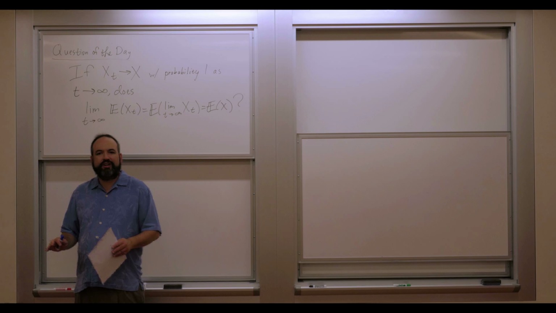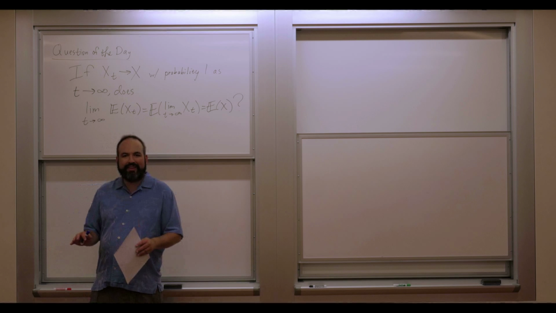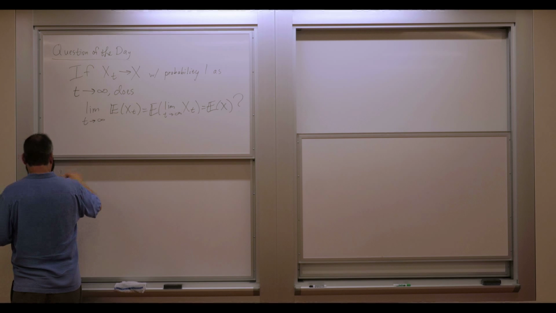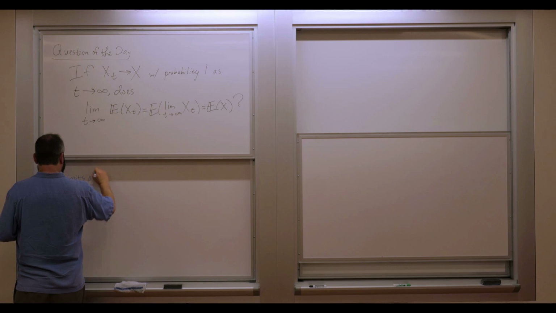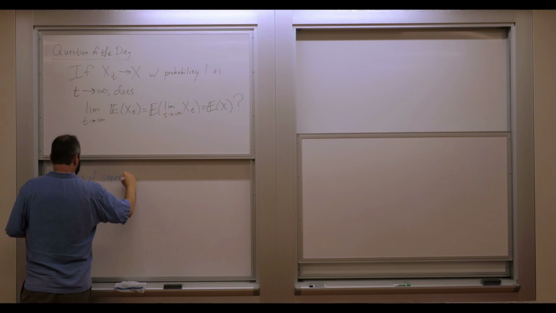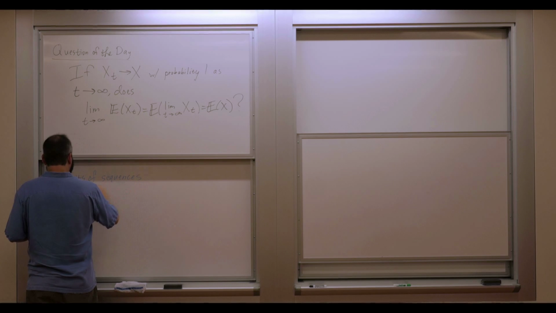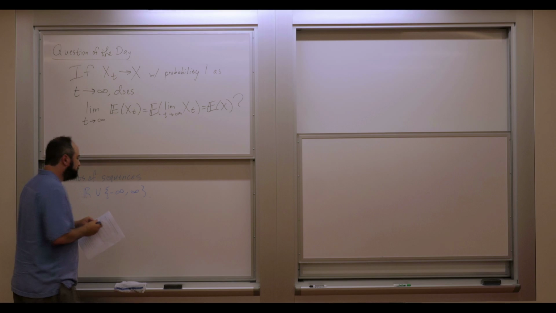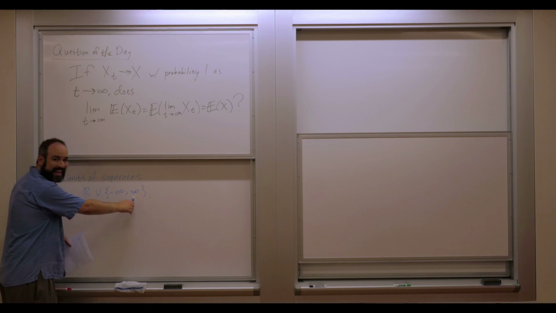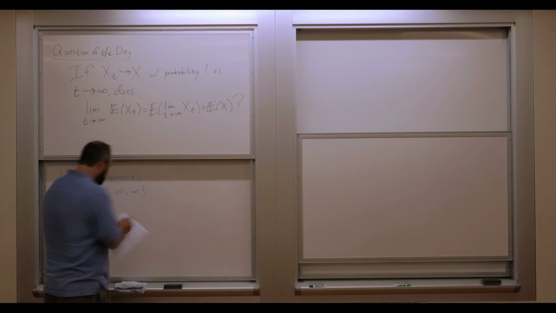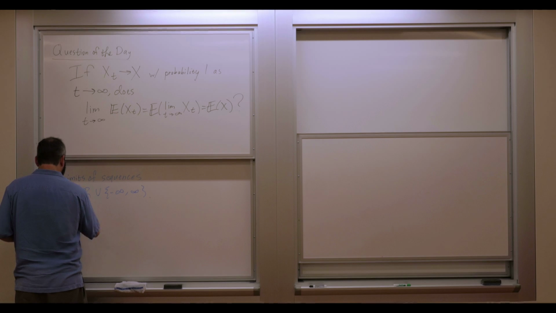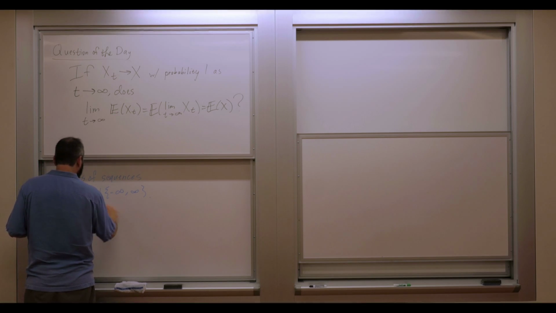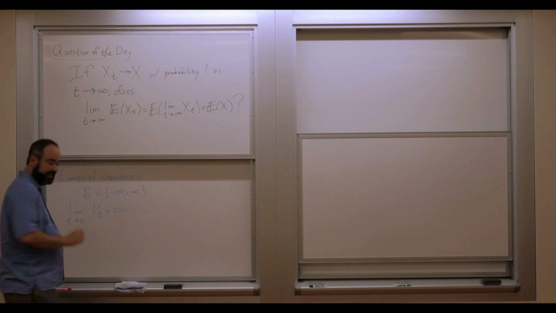First, it's important to note that limits are easier to work with in the extended reals. The extended reals are the regular real numbers plus negative infinity and infinity. So for example, the limit as t goes to 0 of 1 over t, we're going to call infinity.